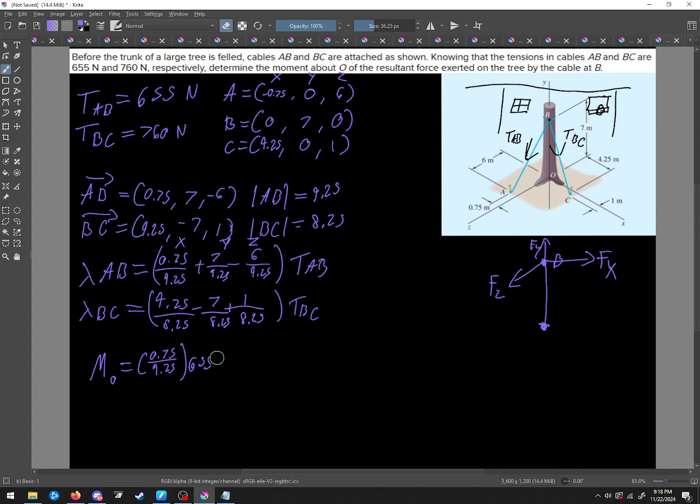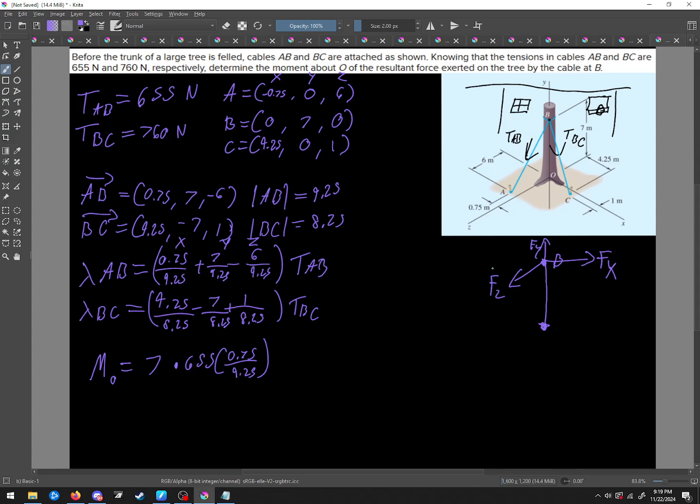Really. So I'm gonna redraw this. I think in my head a moment is always R cross F, so I want to stick with that. The distance is gonna be 7 times 655 times 0.75 over 9.25.